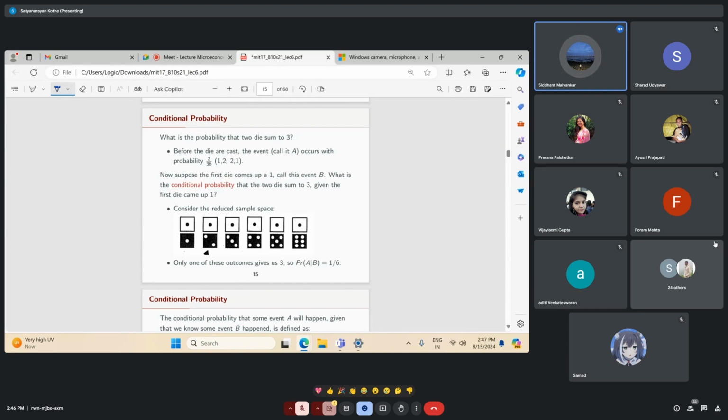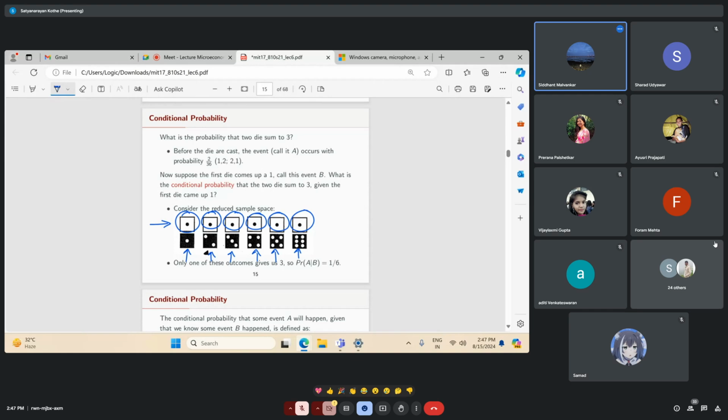So here the first die is 1 and you have to keep it as it is, and you are throwing the second one. Now when you throw the second die, anything may come. The die may come up as 1, 2, 3, 4, 5, 6.